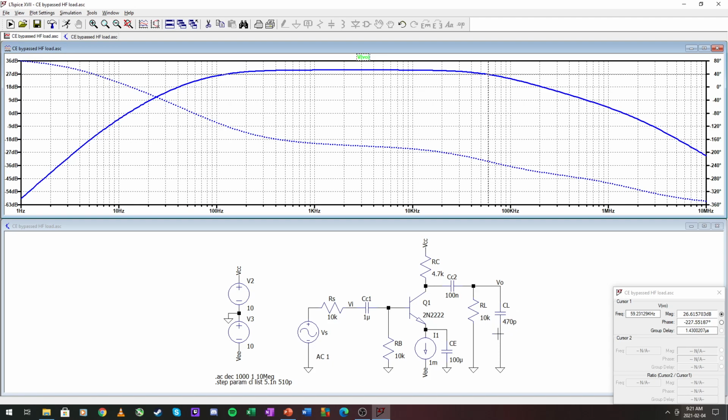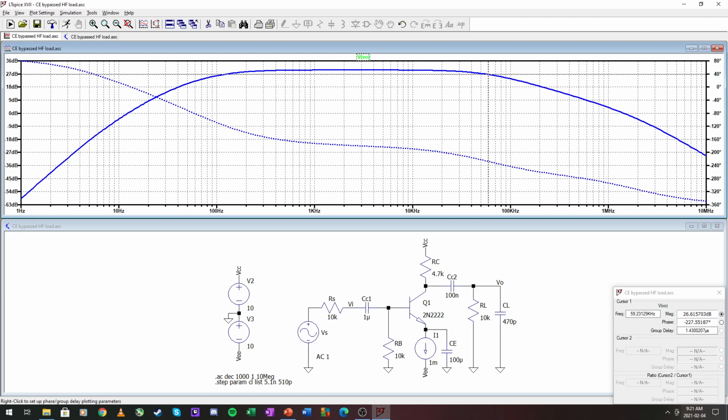And remember, this was 488 picofarads, and we chose a lower value, so that's why this increased. But our result is fairly good.